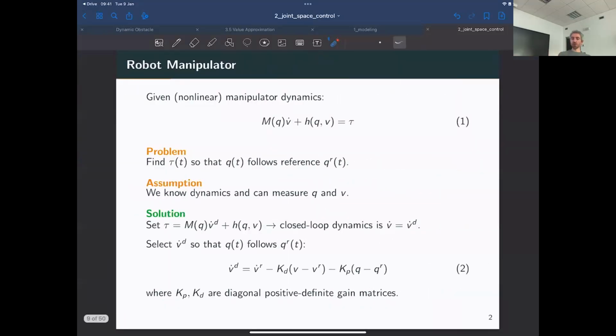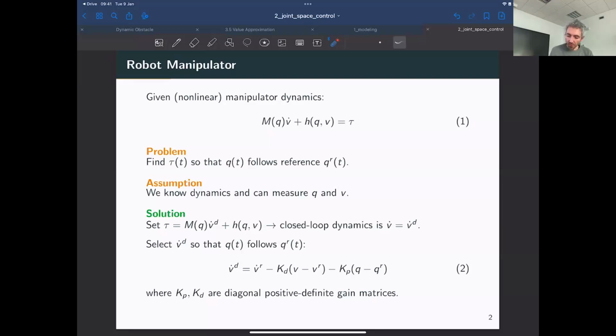So what works much better is to add a proportional derivative feedback term to this feed-forward acceleration, v dot r, that stabilizes the system around the reference trajectory, so that this reference trajectory becomes an attractor and the system tends to go towards it even if it is disturbed. And the disturbances could be physical disturbances, or it could be just modeling errors, state measurement errors, and so on and so forth.